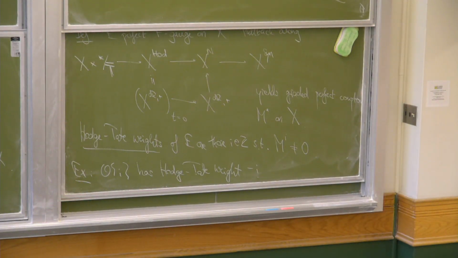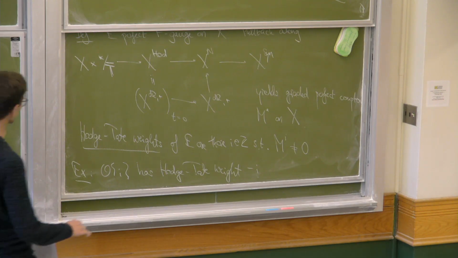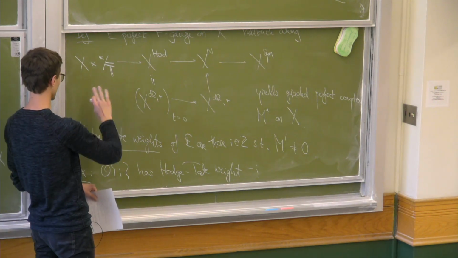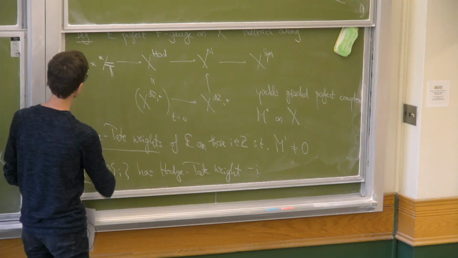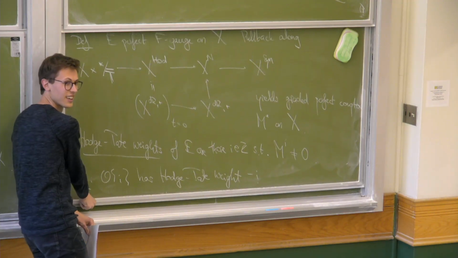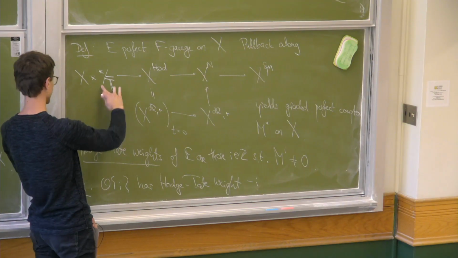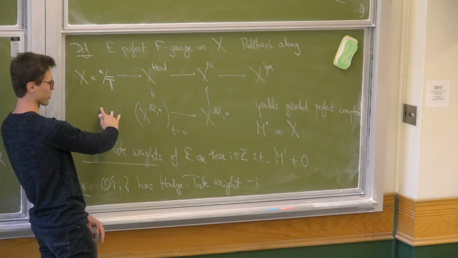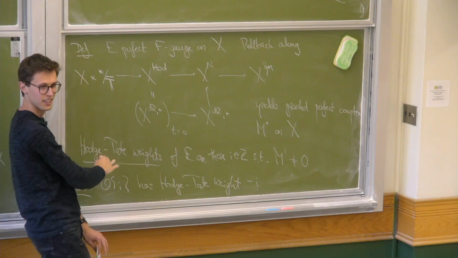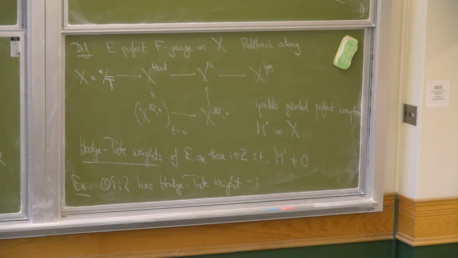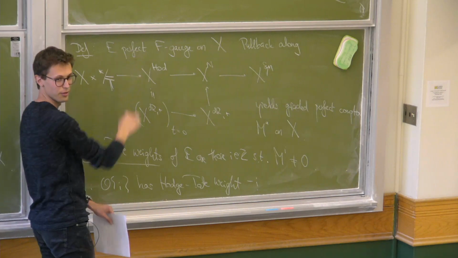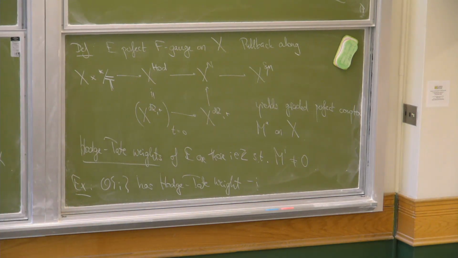If you wrote point mod GM there, I would understand why I would get a graded complex. Maybe this is why I restricted to perfect complexes. My point is that perfect complexes on this are the same as perfect complexes on point mod GM, so you can use the perfectness condition later too. This is why I only made the definition for perfect F-gauges.